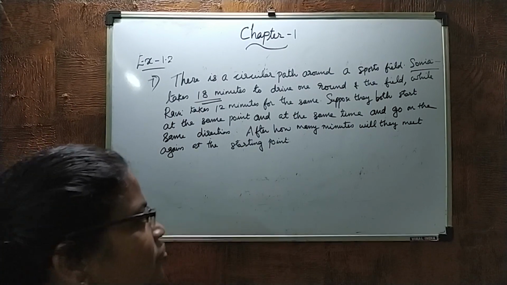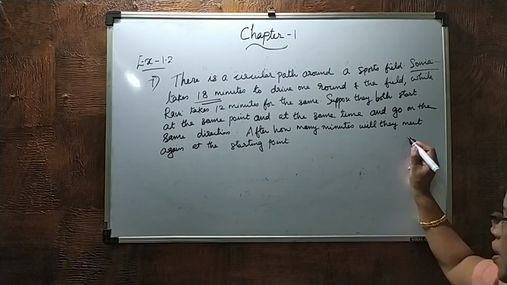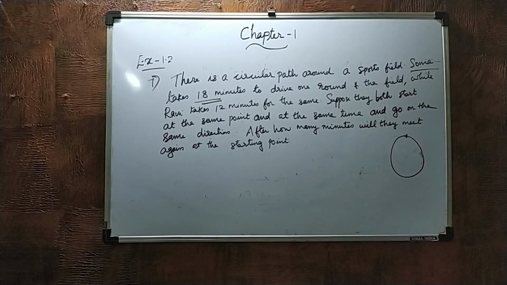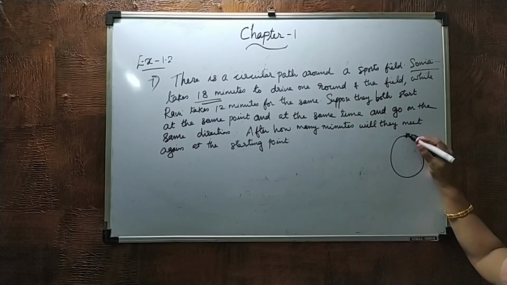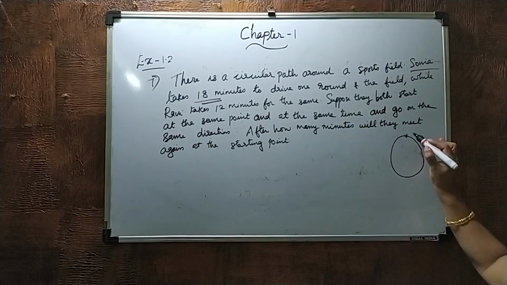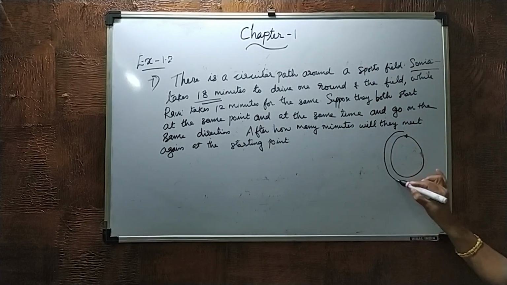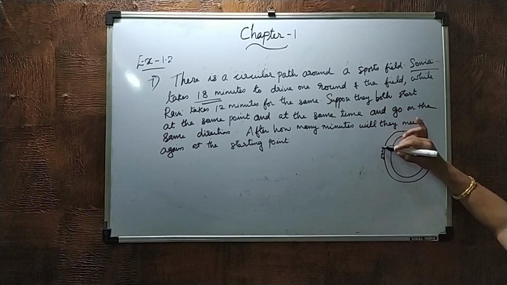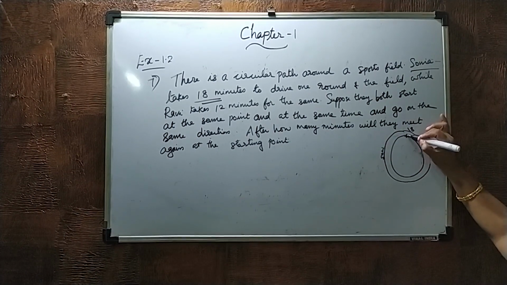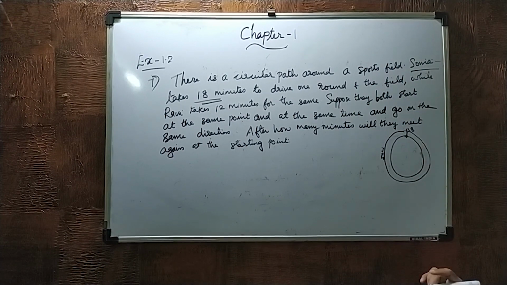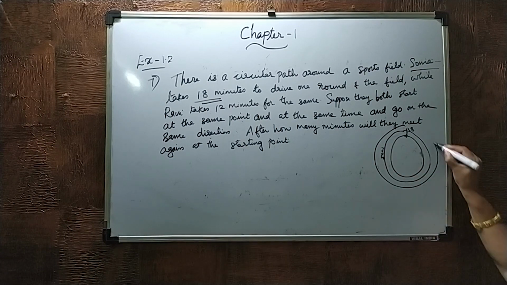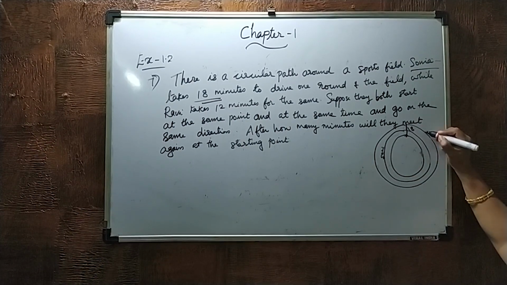This is the question. That means this is a circular path, right? And suppose this is the starting point. Sonia takes 18 minutes. Again, Ravi takes 12 minutes.